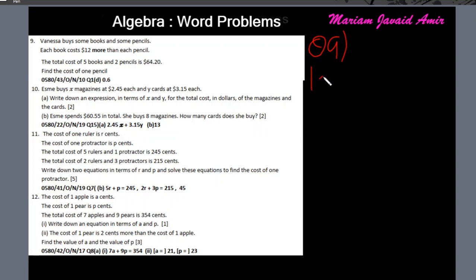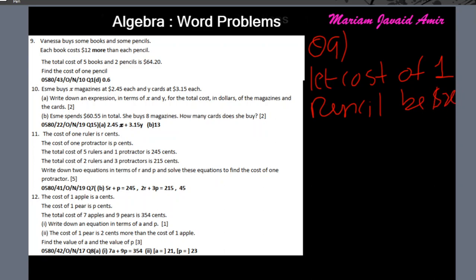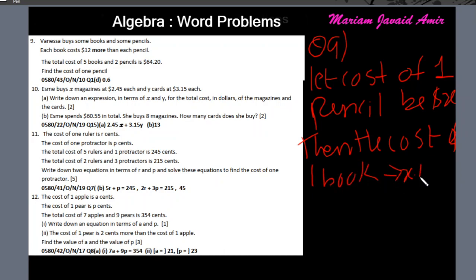So let the cost of one pencil be $x. Then the cost of one book will be x plus 12, because it said 12 more than the pencil.